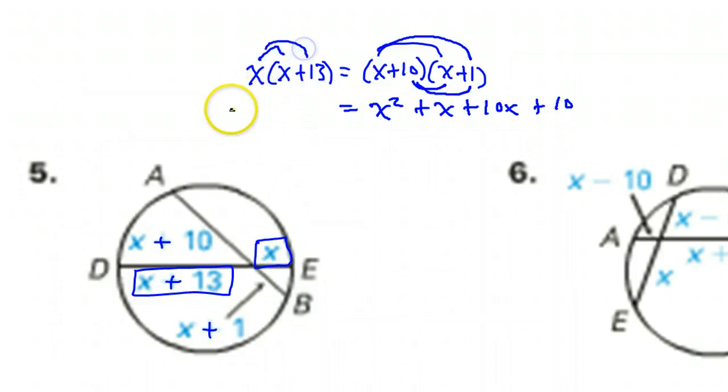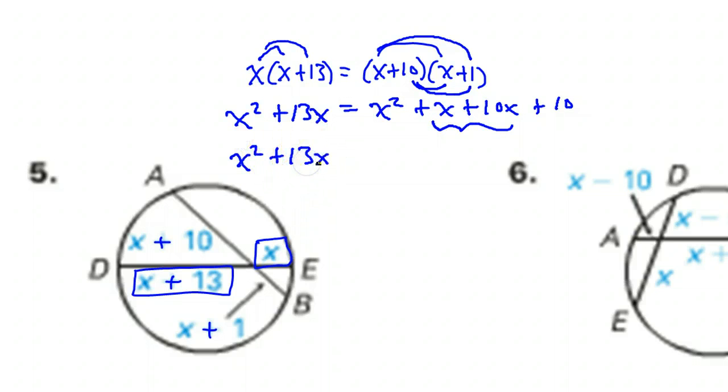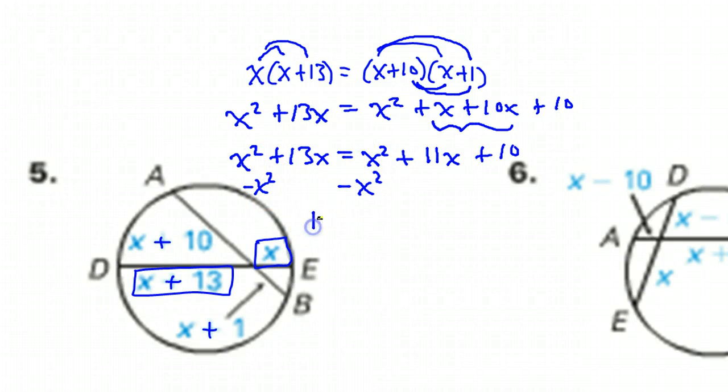And over here, I've just got x squared plus 13x. So combining like terms right here gives us x squared plus 13x is equal to x squared plus 11x plus 10. Subtracting x squared from both sides cancels out both x squared. So that's going to leave me with 13x is equal to 11x plus 10.